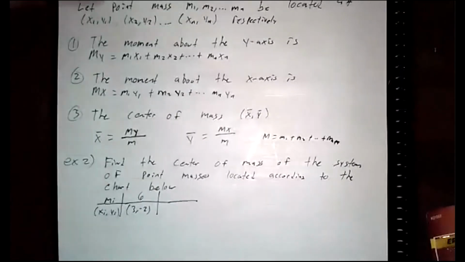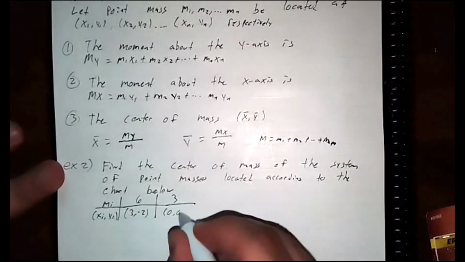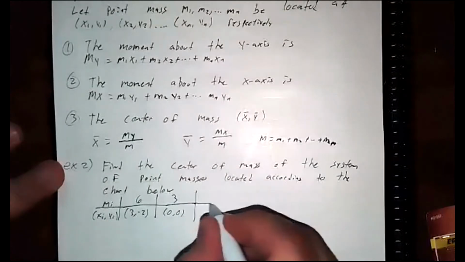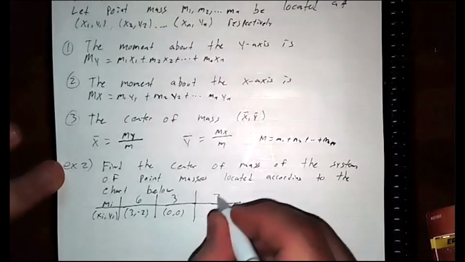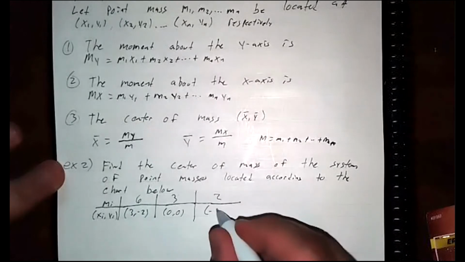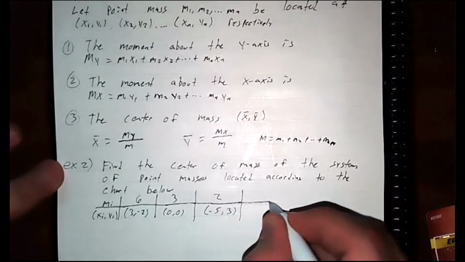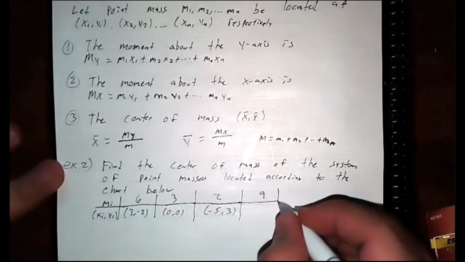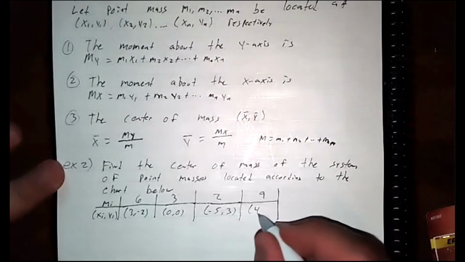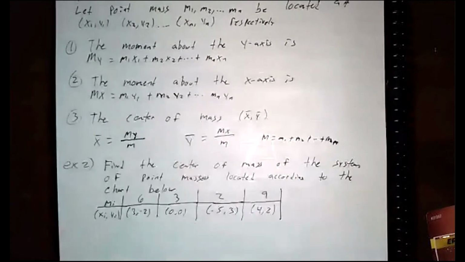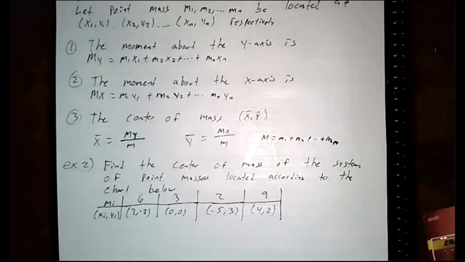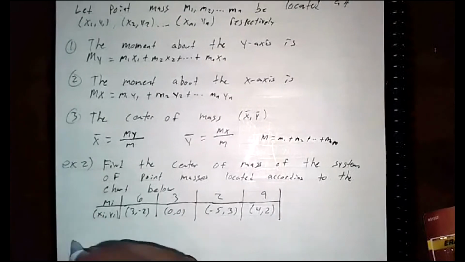3 is at 0, 0. 9 is at 4, 2. Okay. The first thing we need is a total mass.